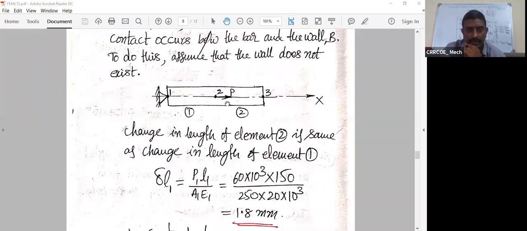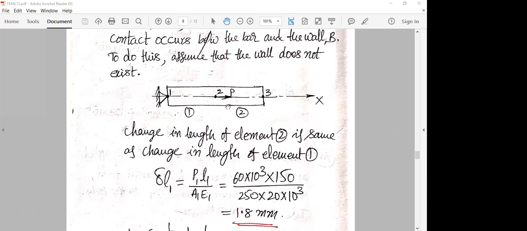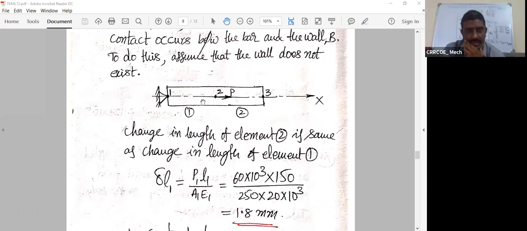What about the case where P is acting at node 2? Element 2 acts as a rigid body, so no deformation occurs in element 2 because of this loading condition. Am I right or not? Yes, sir. So consider this length as the element length which is deformed.